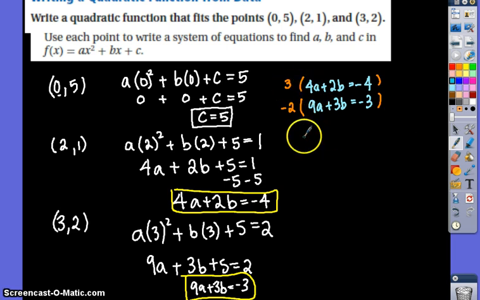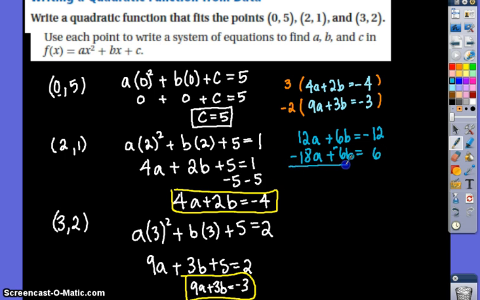So 3 times 4a, that's 12a, and 3 times 2b, that's 6b, equals 3 times negative 4, that's negative 12. Negative 2 times 9a, that's negative 18a, plus negative 2 times 3b would be a negative 6b, equals negative 2 times negative 3, that's a positive 6.